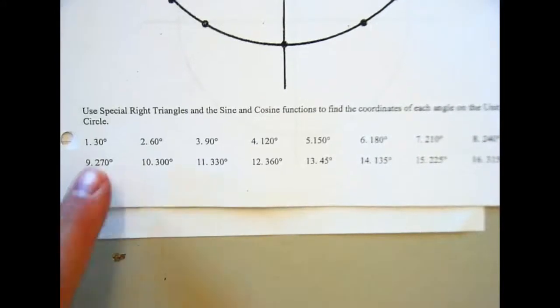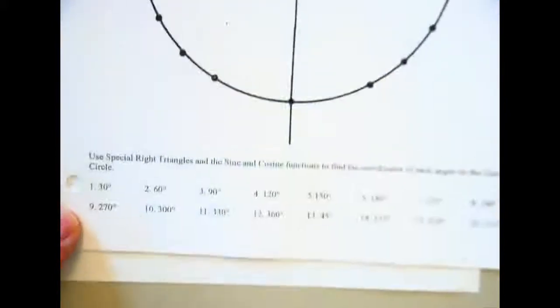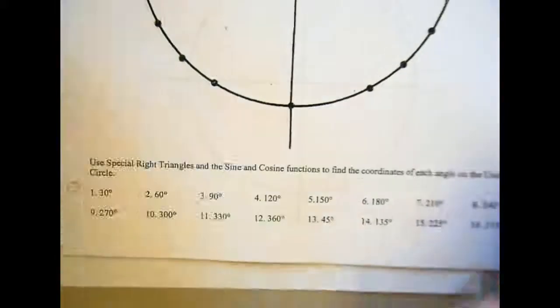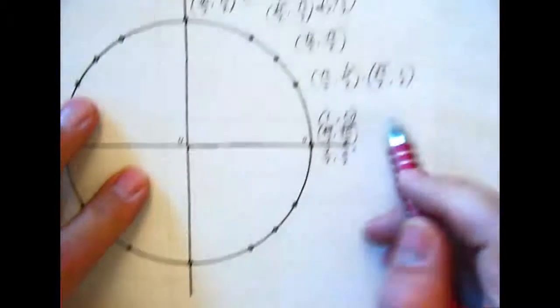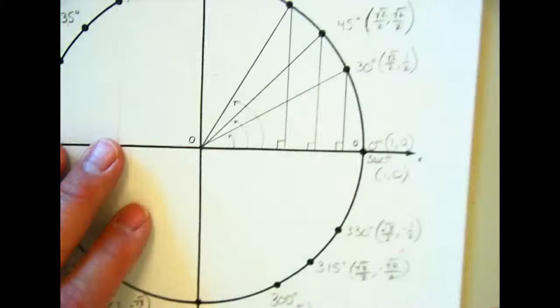But your assignment today is to use your unit circle and use the special right triangles, how we filled out the exact coordinates using those special right triangles, and the sine and cosine functions to find the coordinates of each of those angles. So we know that looking at our unit circle, let's look at this one.